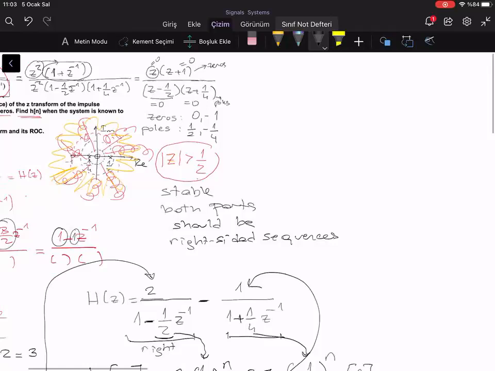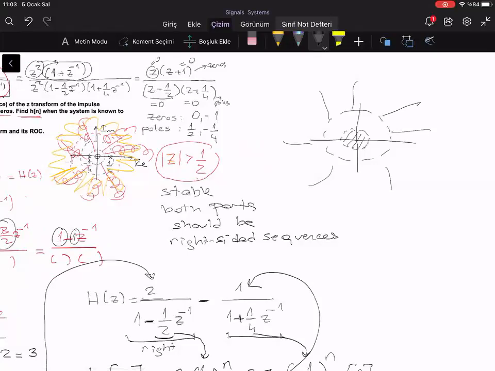So what you're saying is I have this one right-sided and this one as left-sided. Is that what you're saying? Yes, hocam. Then there would be no overlap. Do we need overlap every single time? Yes, we are determining one ROC which will be correct for both.